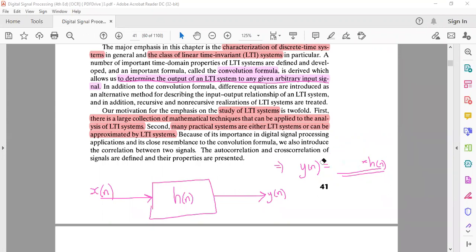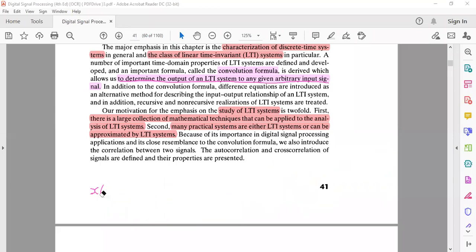So we'll proceed from here and say our motivation for the emphasis of the study of linear time invariant systems is twofold. First, there is a large collection of mathematical techniques that can be applied to analysis of LTI systems. That's important when you can have very many techniques that can be applied to a certain class of systems.